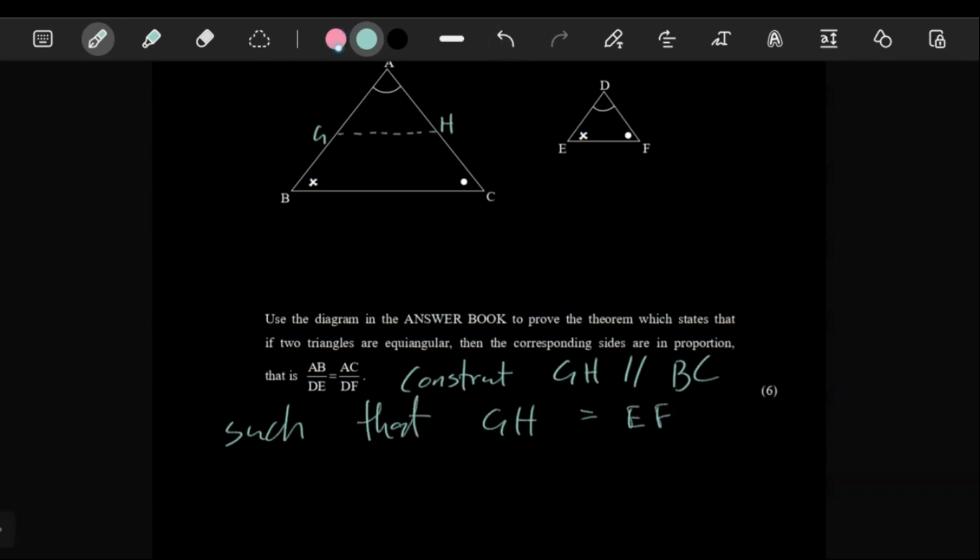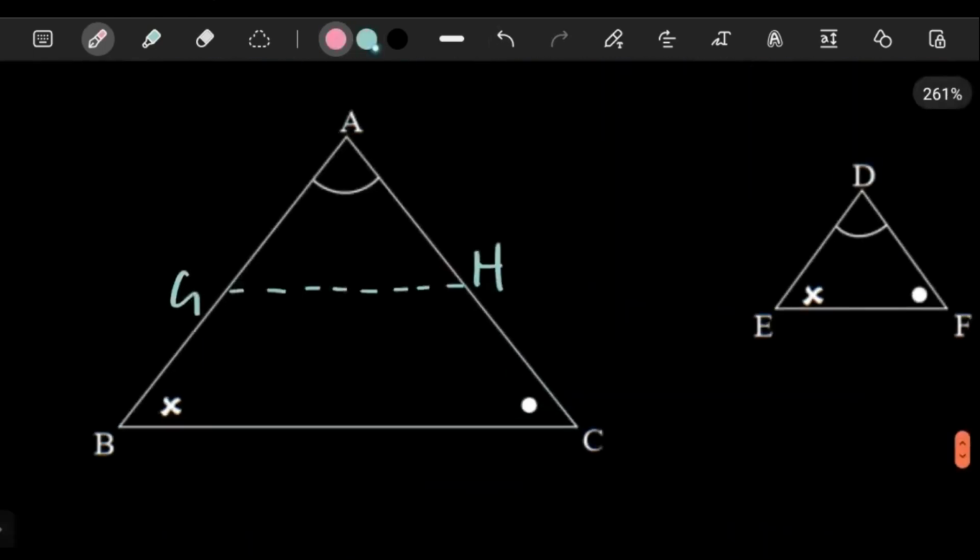You see, so your construction, you have drawn this line here, but then you have made sure that it is equal to EF.